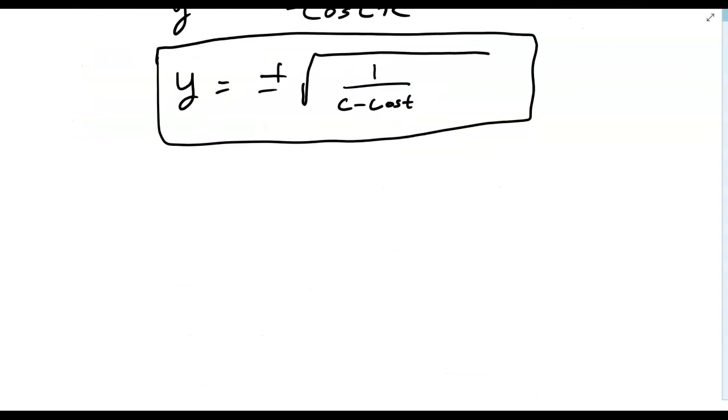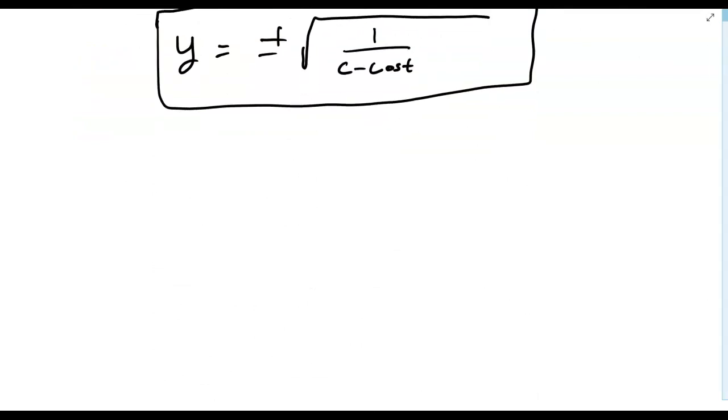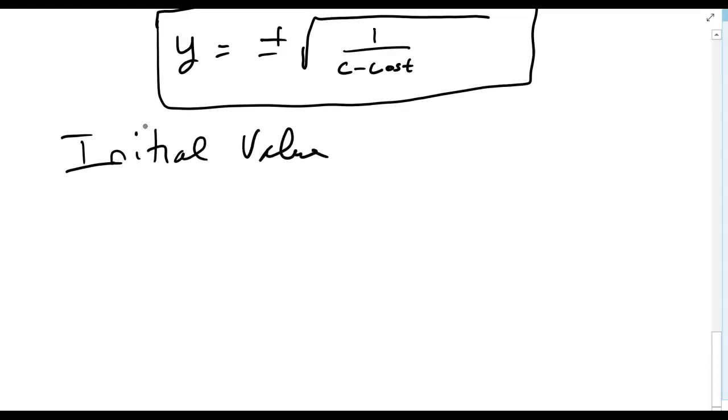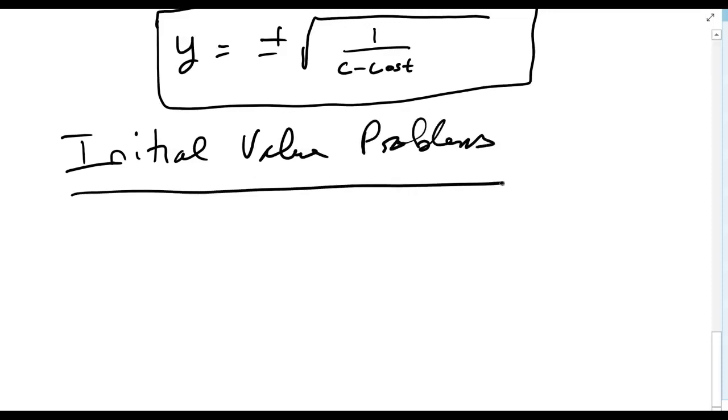Okay, now let's move on to what we call our initial value problems. You'll see these a little bit in 9.1 and also in 9.3. This is where we want to get a more specific solution. So again, think back when you first learned about antiderivatives, you had plus c on the end.